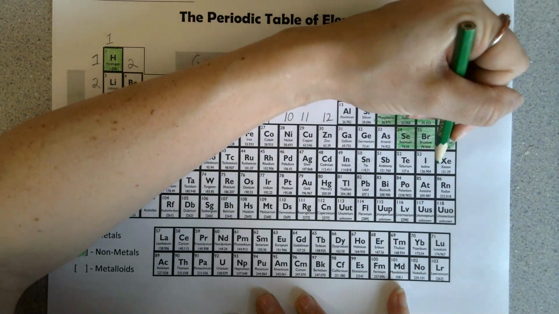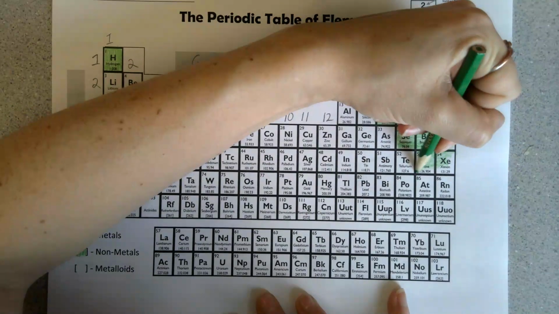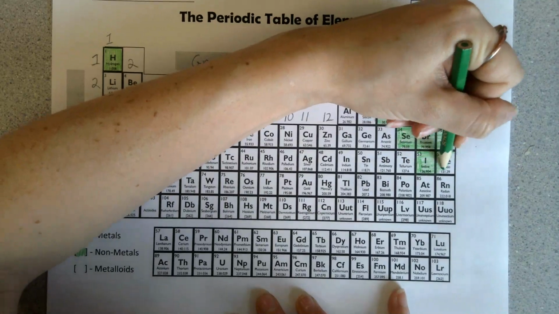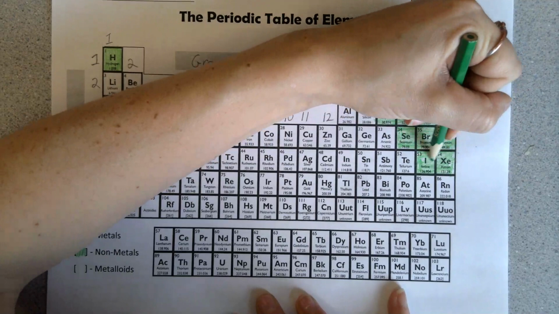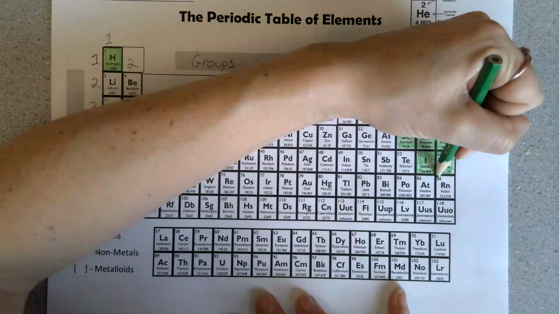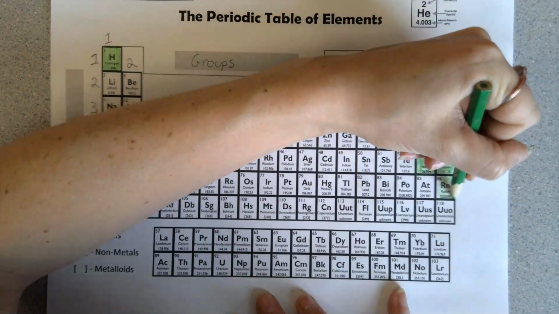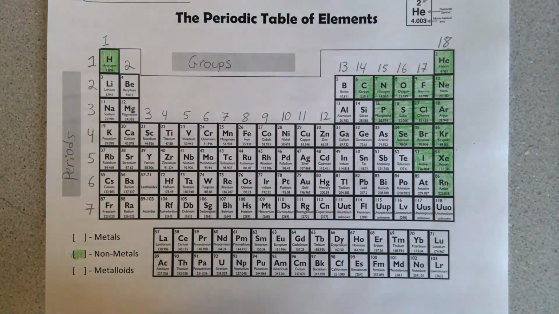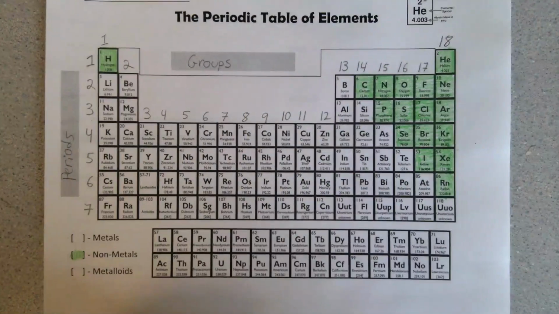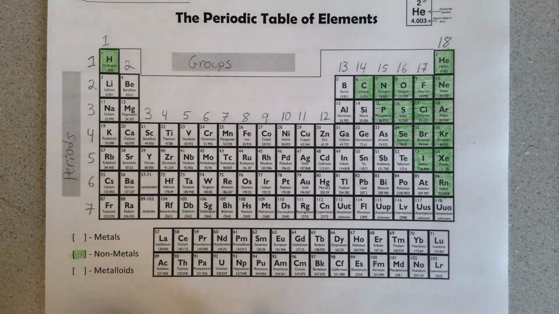Then we've got iodine. Xenon, even though it's spelled with the letter X, and radon. So these are all of our non-metals. A little bit of a pattern here.